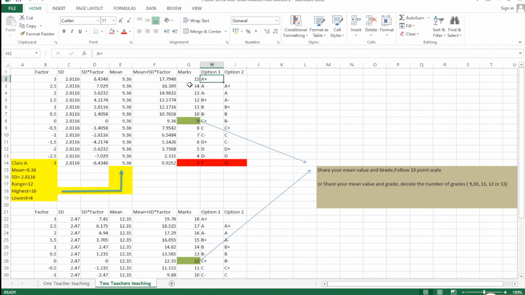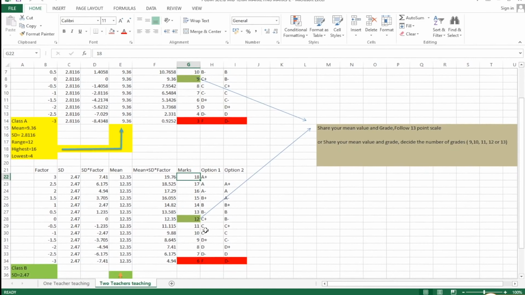And now the student who has scored 15 is at par with the student who has scored 18 in the other class. So it is important while grading that you can bring equivalence in the classes by allocating the centermost average grade at the mean of that particular class.